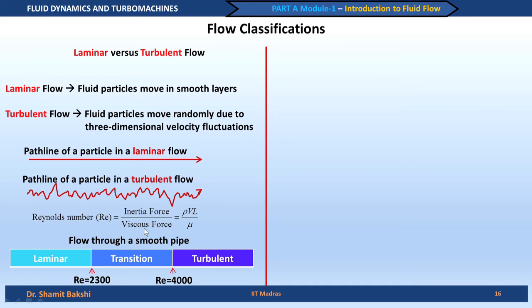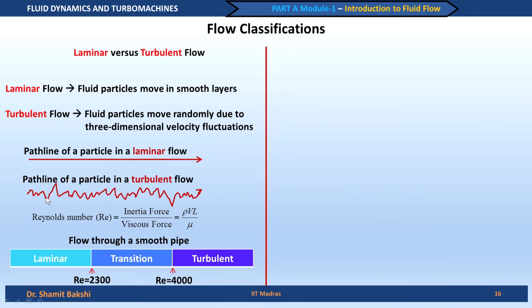Viscous force is a damping, as we had seen while defining a fluid. Because of the damping nature of the viscosity, it tries to reduce this kind of fluctuation. So, the relative value of the inertia and viscous forces tells us whether the flow is laminar or turbulent.